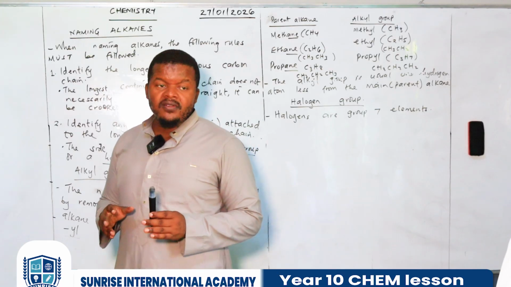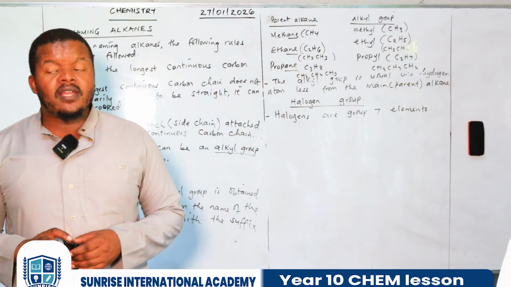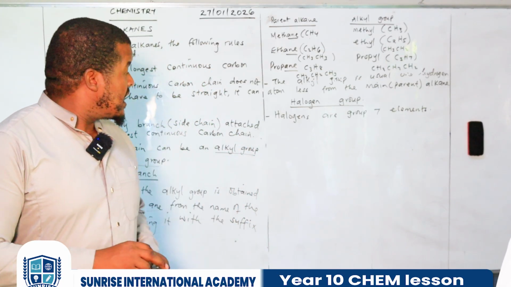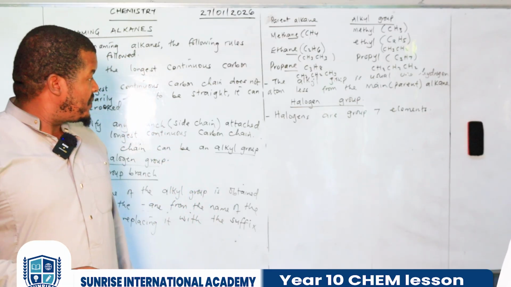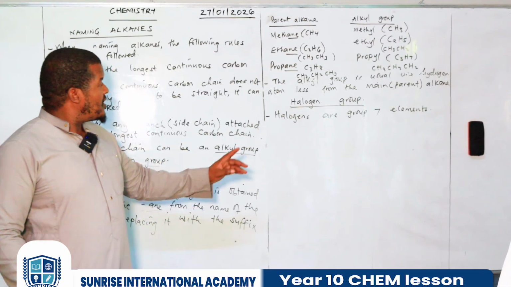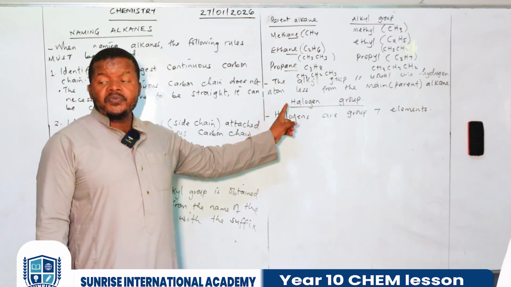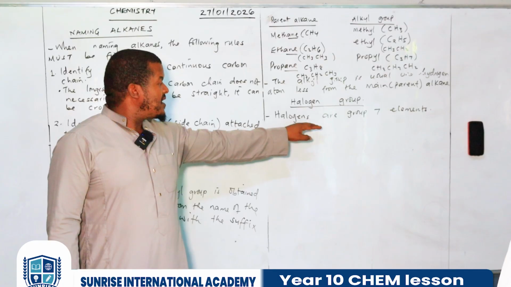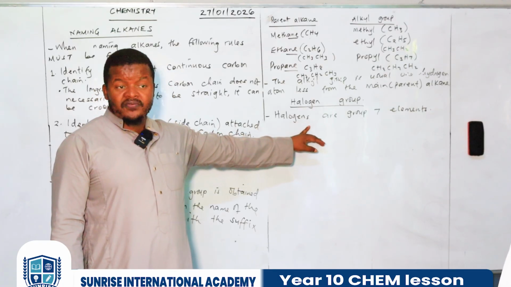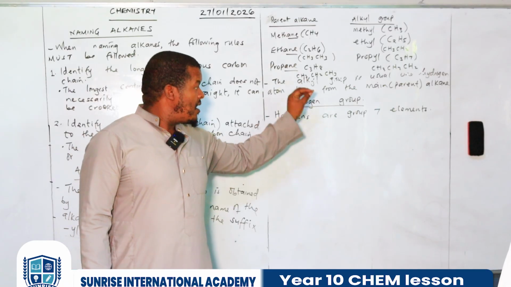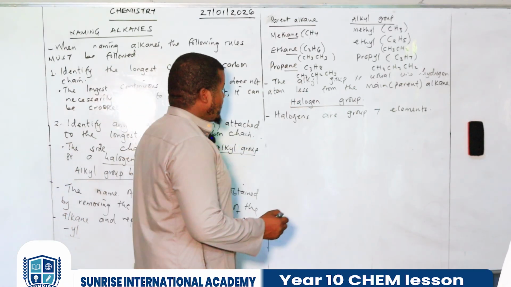Just to remind ourselves, group 7 is one of the most unique groups we have in the periodic table. The reason is that the halogen group has a member from each physical state. What do I mean?